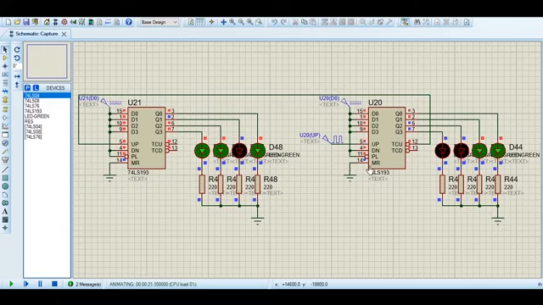The clear or reset inputs for both chips, just like here and here, are attached to the ground, which means they are not triggered in this circuit as well.